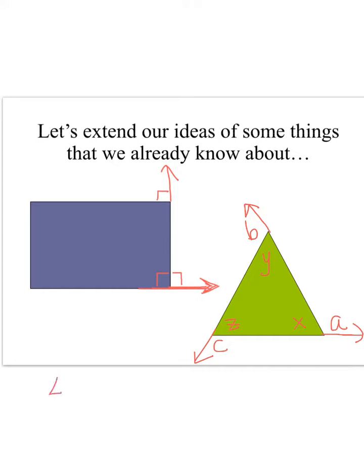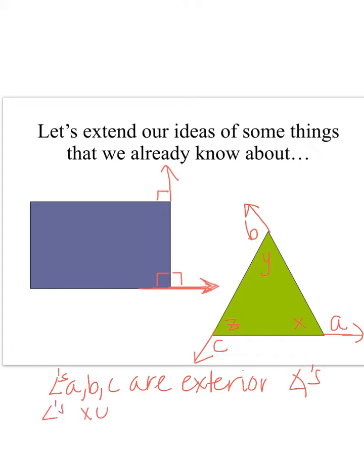So angles A, B, and C are called the exterior angles, and angles X, Y, and Z are interior.